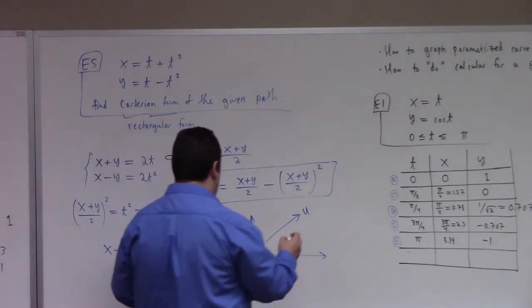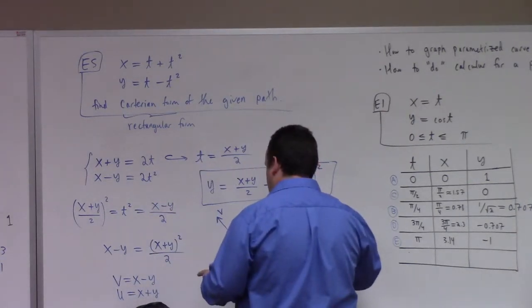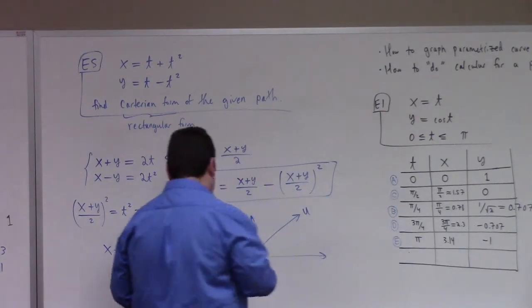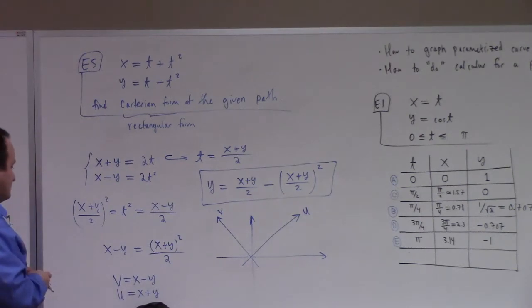So it so happens that these are perpendicular if you set them equal to 0. The one gives you the line y equals x, the other one gives you the line y equals minus x. So you could think of u and v as being a new rectangular coordinate system, or Cartesian coordinate system I would prefer.